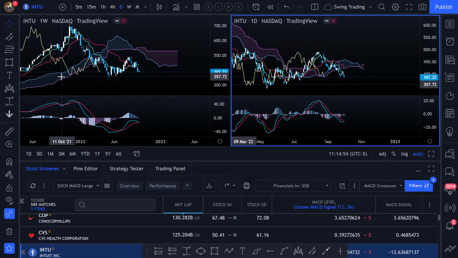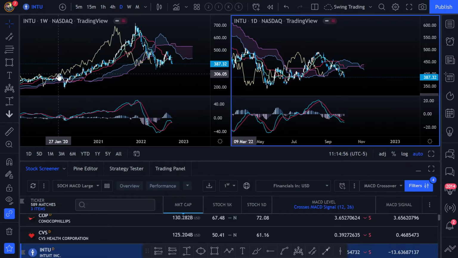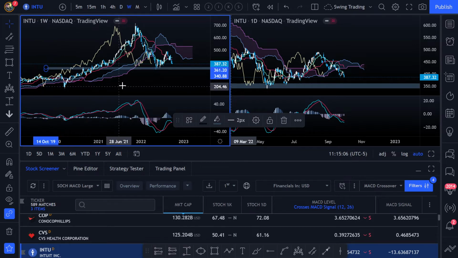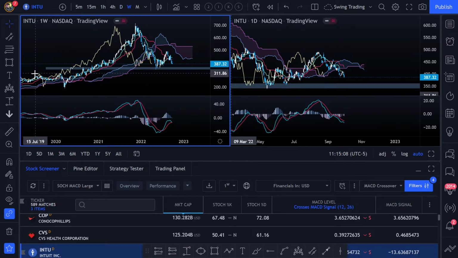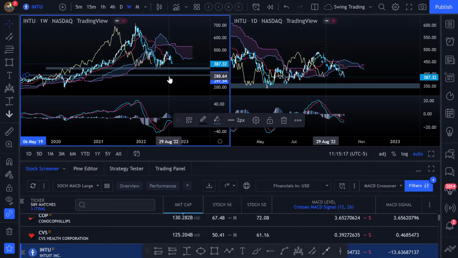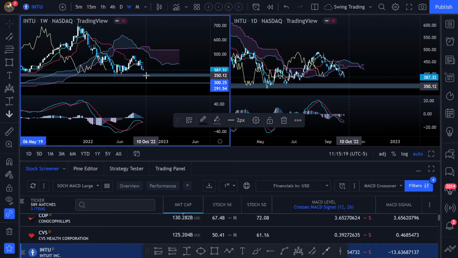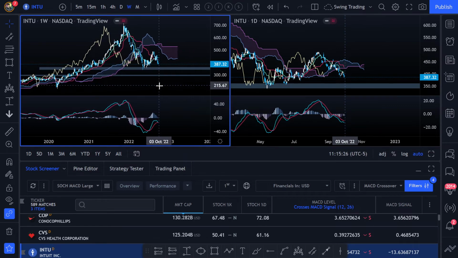Let's see targets. The first target is previous support, and the next target is previous resistance here. So the first target is 350 and the second target is 300. So let's see what this one does.